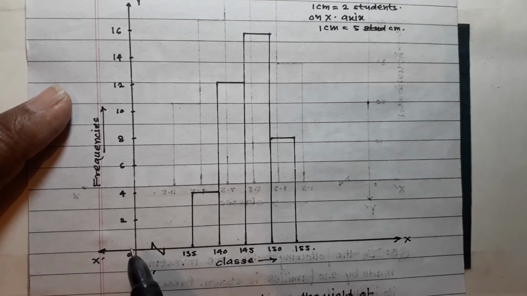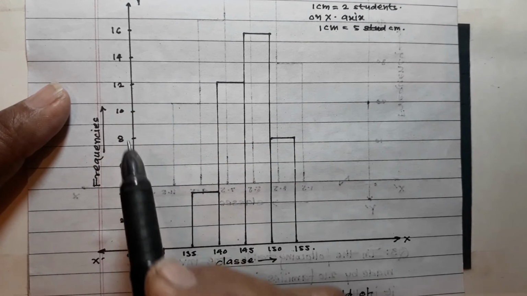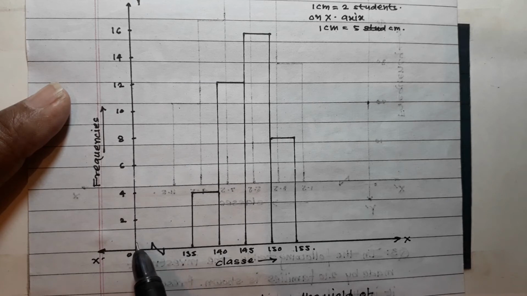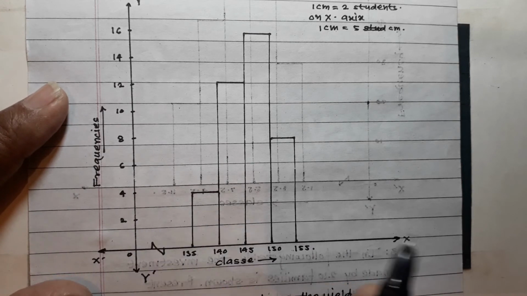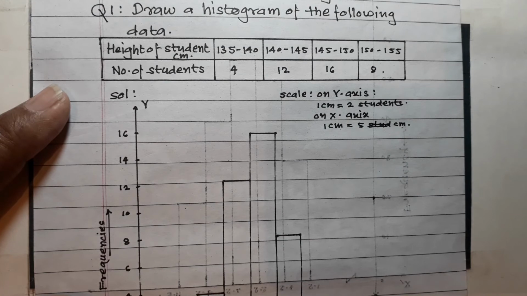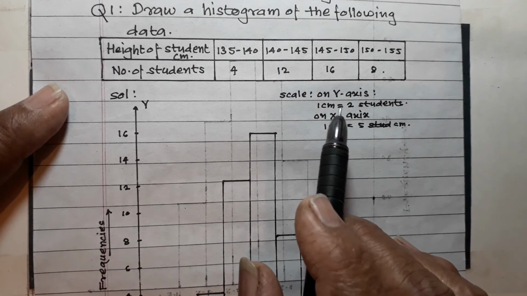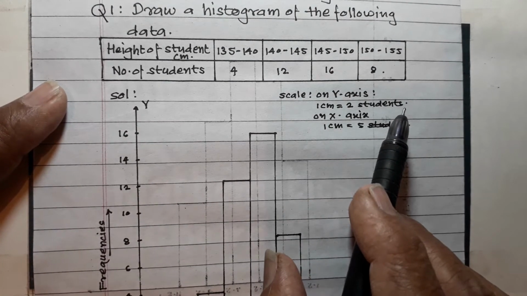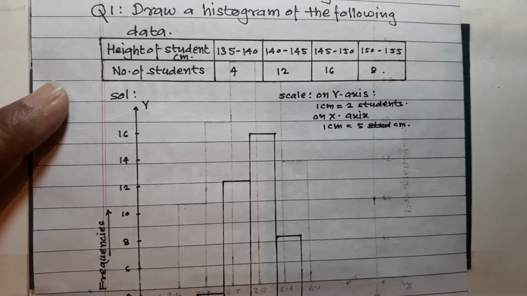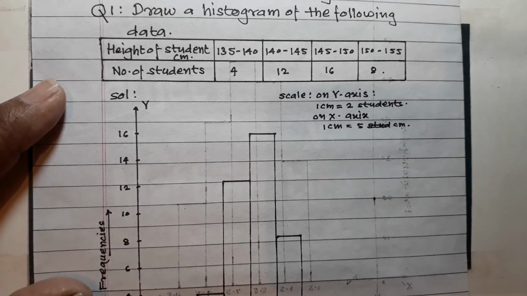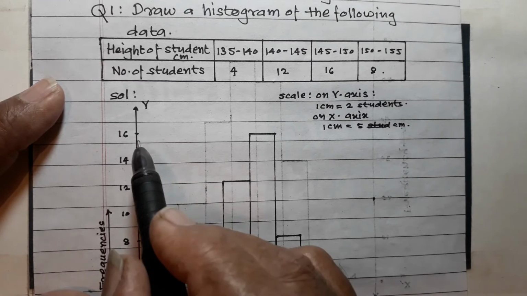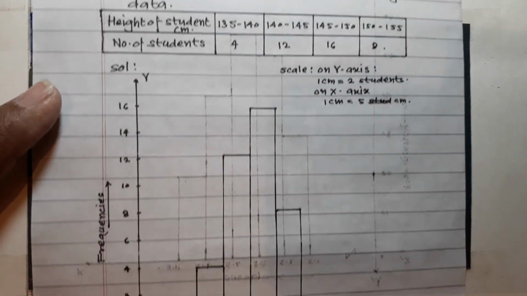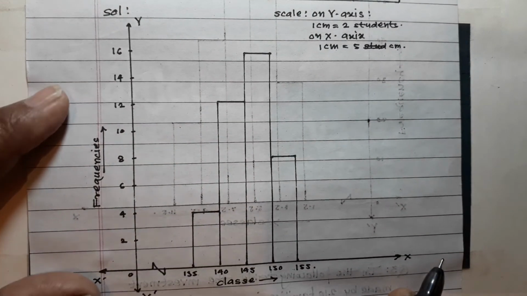Okay. And now by a suitable scale you represent frequencies on the y-axis. So I take the scale on the y-axis: 1 centimeter is equal to 2 students. Okay, now therefore this is 1 centimeter, 2 centimeter: 2, 4, 6, 8, 10, 12, 14, 16. And now draw rectangles.